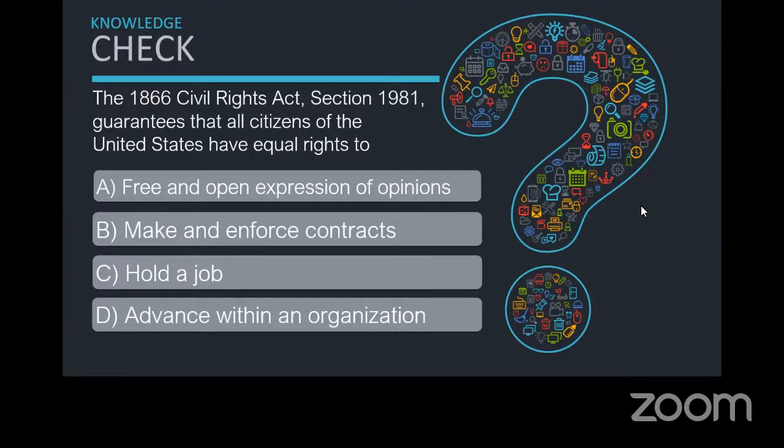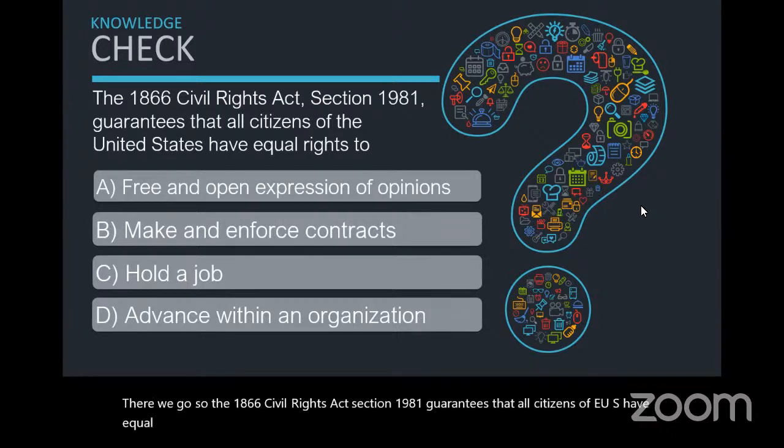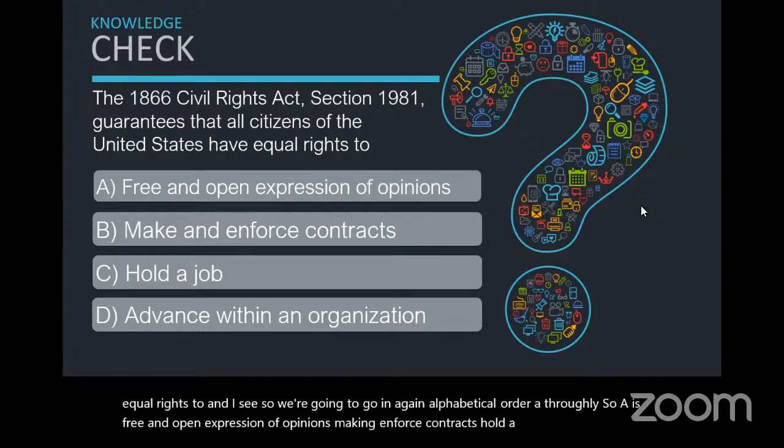All right. I'll end the poll. So the 1866 Civil Rights Act, Section 1981, guarantees that all citizens of the U.S. have equal rights to, and we're going to go in alphabetical order, A through Z. A is free and open expression of opinions, make and enforce contracts, hold a job, advance within an organization.